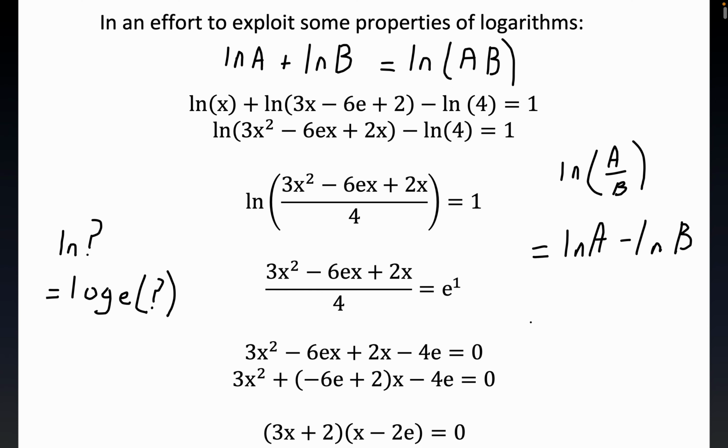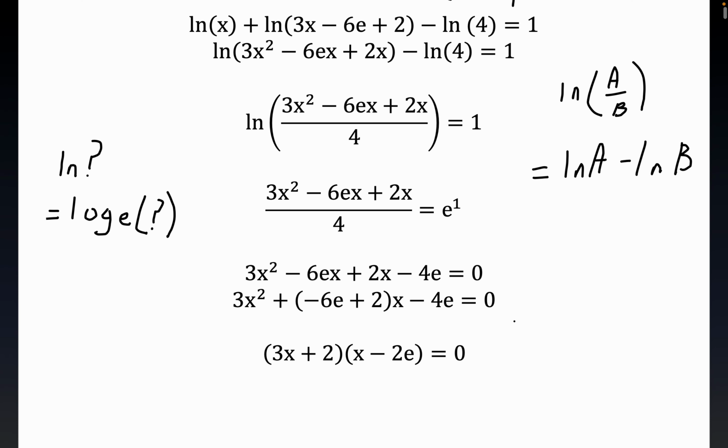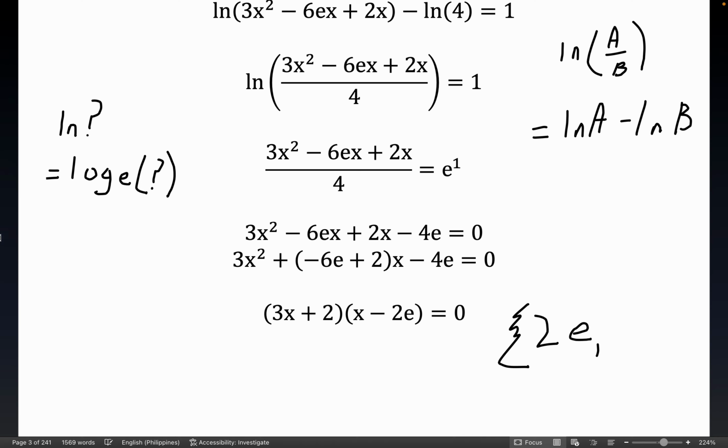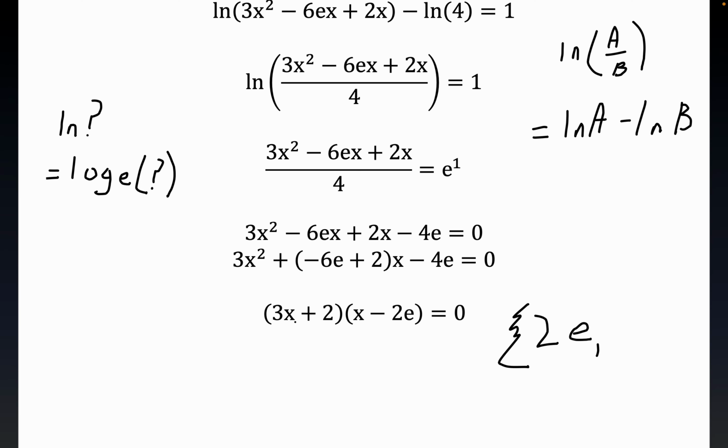Now, if you carry on right here and do all the algebra, once we've gotten rid of the transcendental nature of this thing, you end up with this fairly easy to factor object. And so very clearly we see the two possible solutions would be 2e, which is clearly a solution, and if you set this linear factor equal to 0, you get x equal to minus 2/3.